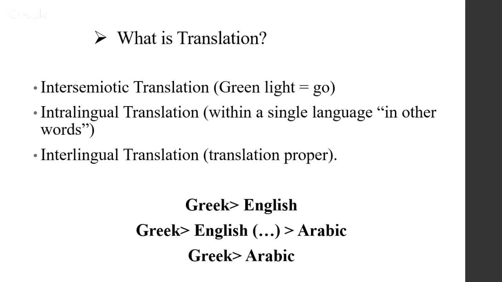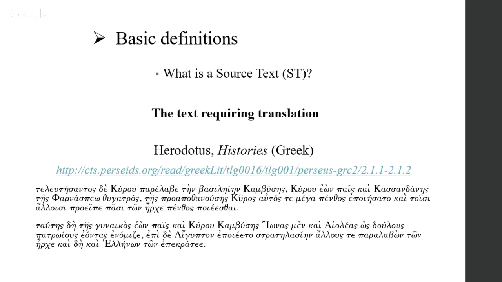A source text is, for example, the one we are dealing with now, Herodotus' Histories, the whole text or even a paragraph of it. This is a source text. What is a target text?